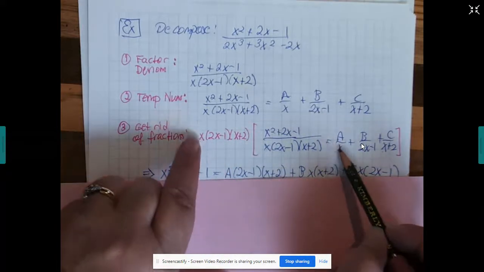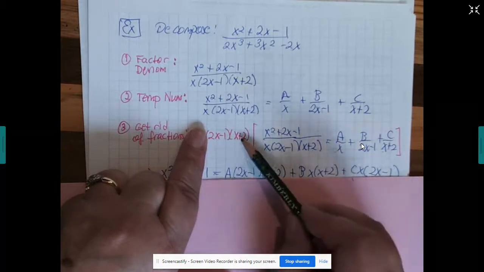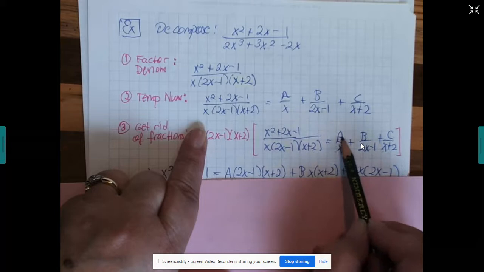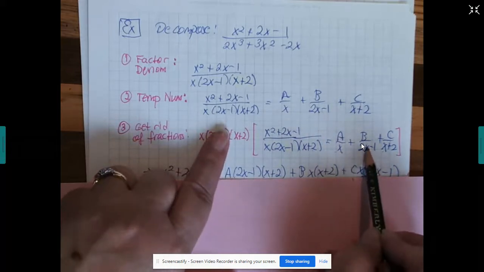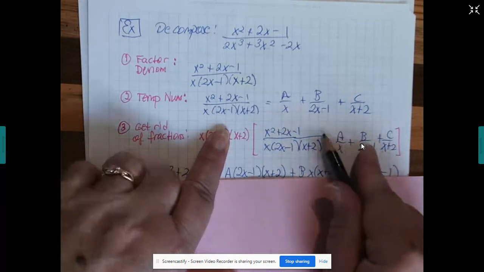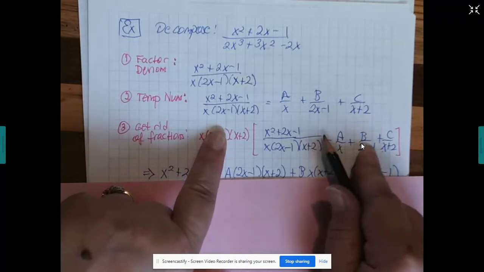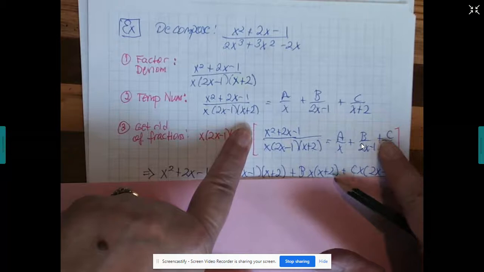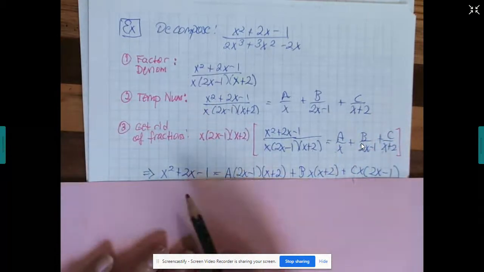The second one, the x is going to cancel out, and you're left with a times 2x minus 1 times x plus 2, these two distributed to the a, right? The next one, this one term would cancel out, so you're left with b times, over here, distributing towards that b, x times x plus 2, and the c, the x plus 2 would cancel out, so c times x times 2x minus 1.